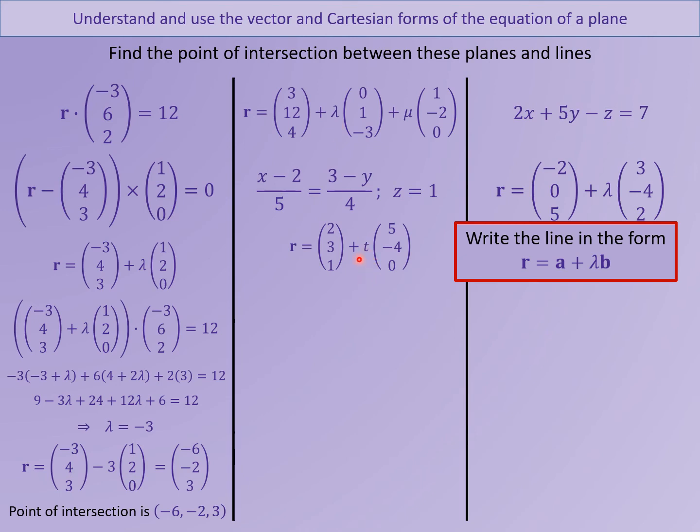So I have to pick something different, so I'll pick t. Also, just make sure that you're happy with where these bits come from. Remember, it's x minus a1 over b1, y minus a2 over b2, z minus a3 over b3. And it's written in this form because the b value is 0.